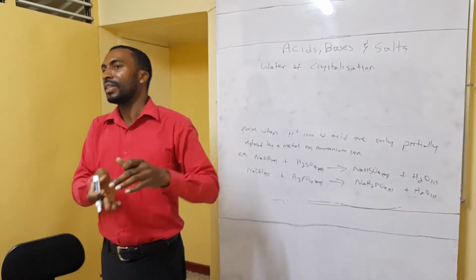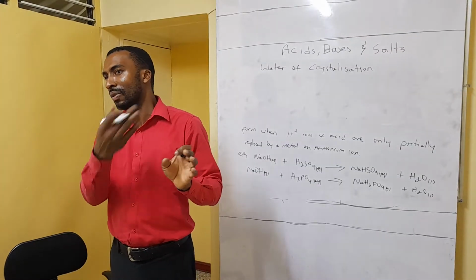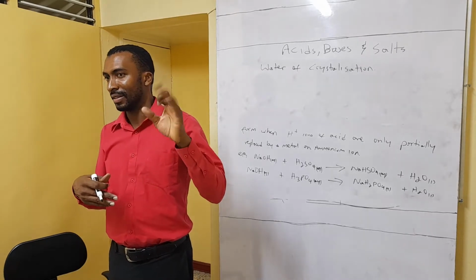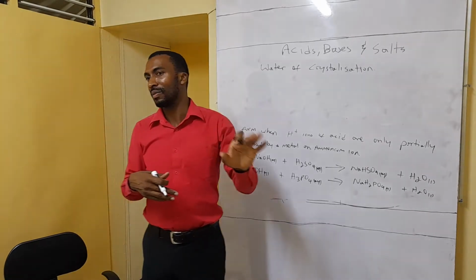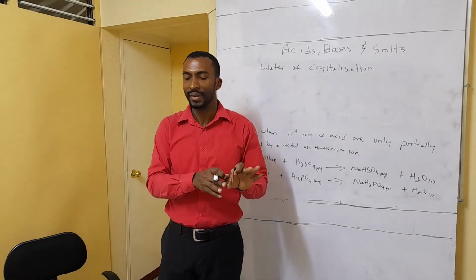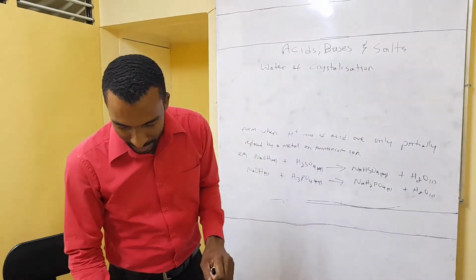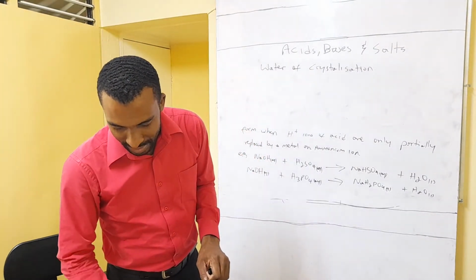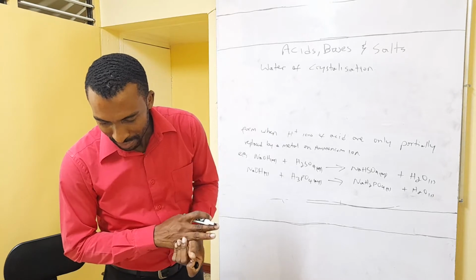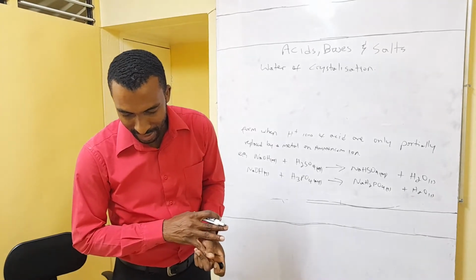But if we should heat the crystal structure, then the water can actually leave, and the ionic compound is left dry behind, right? So this is a fixed proportion of water molecules held within their crystal lattice.